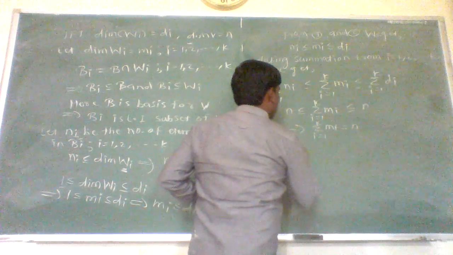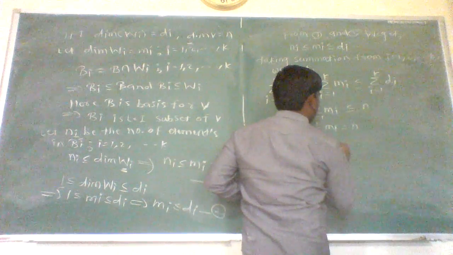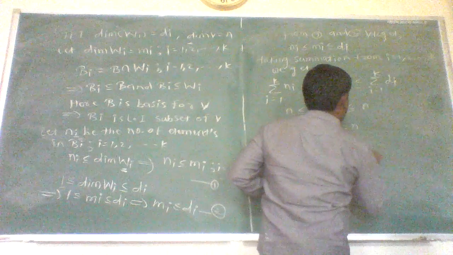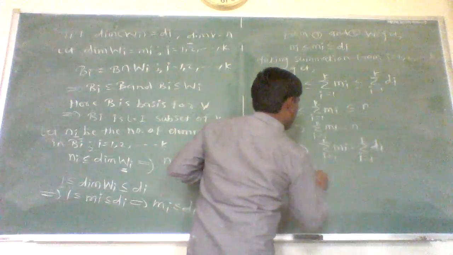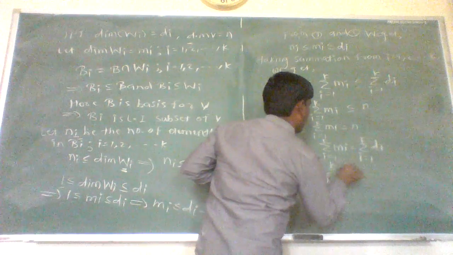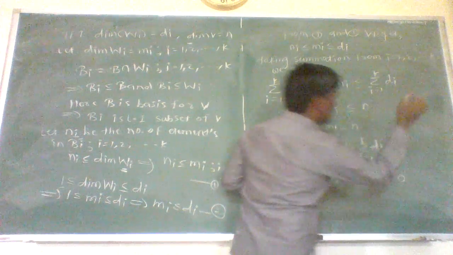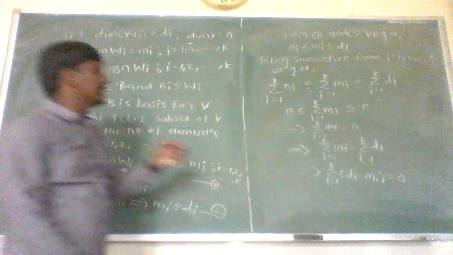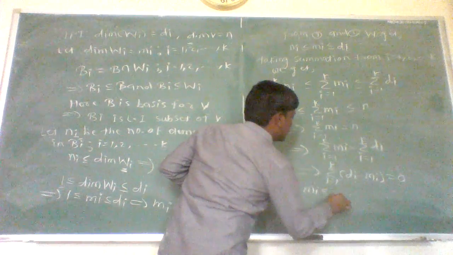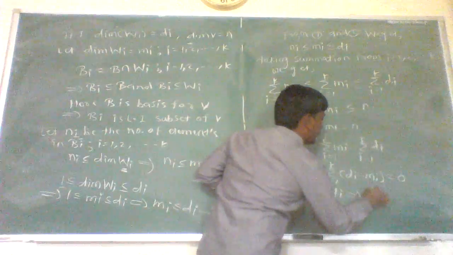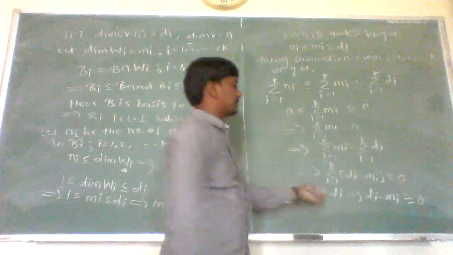But n, the summation of mi, is equal to the summation of di, which implies the summation of di minus mi is equal to 0. Now mi is less than or equal to di, which implies di minus mi is greater than or equal to 0.